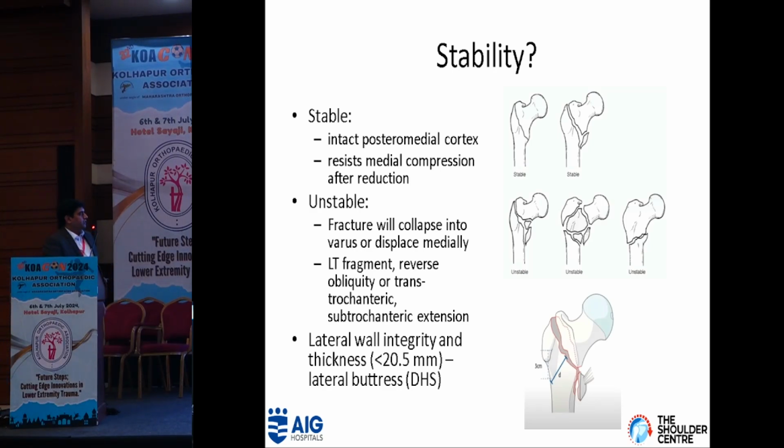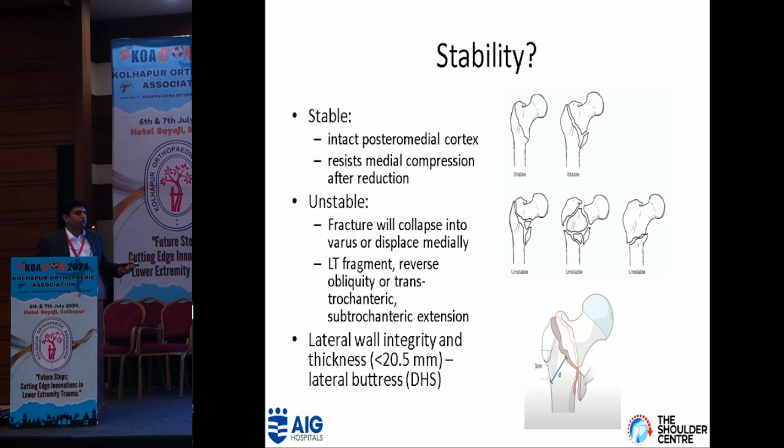So integrity of the lateral wall of the GT is an important factor which will help in our decision making. There are studies which show that the GT thickness, if it is more than 20.5 millimeters, that is, this is the innominate tubercle. You take a measurement starting 3 centimeters distal to that and extending 135 degrees caudally towards the fracture plane.